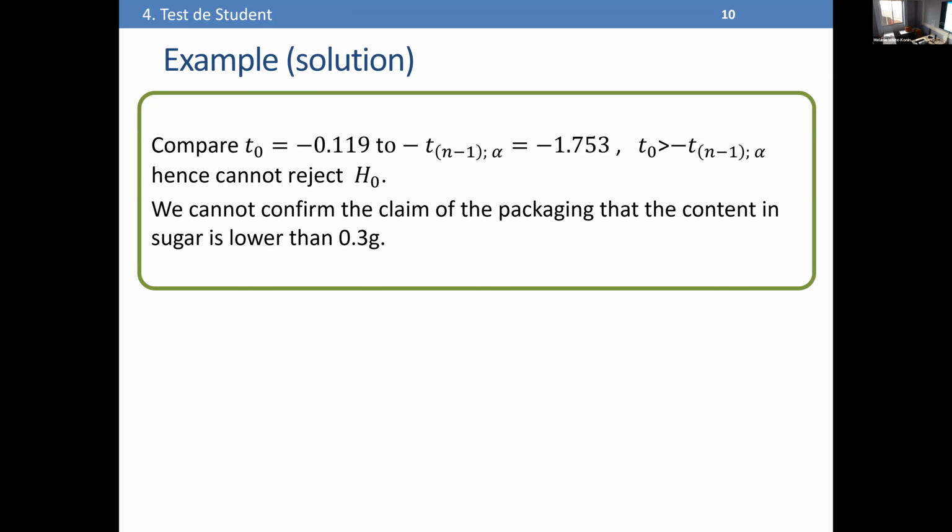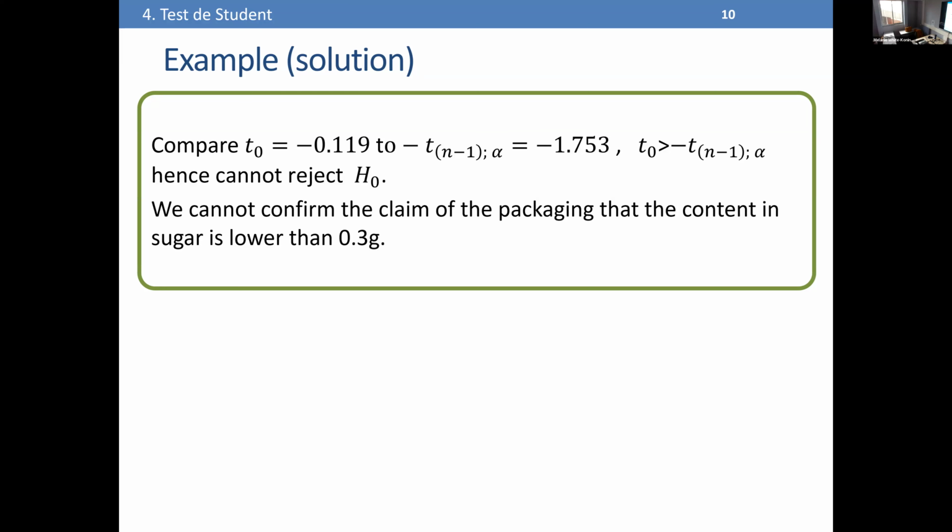This is do not reject, because when you're here, you're in the expected values. So what's a little bit stranger in the unilateral case is that you just don't care about these extreme values. You're only focused on that because we're using the unilateral alternative hypothesis. You can see that this value which we found is in the expected values for something following a student distribution. So we do not reject H0.